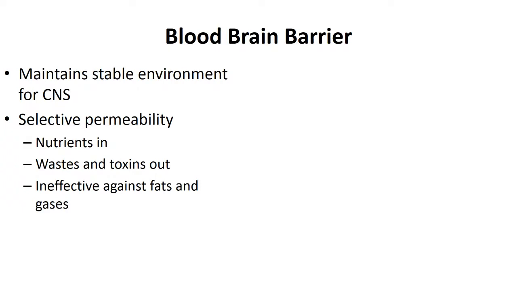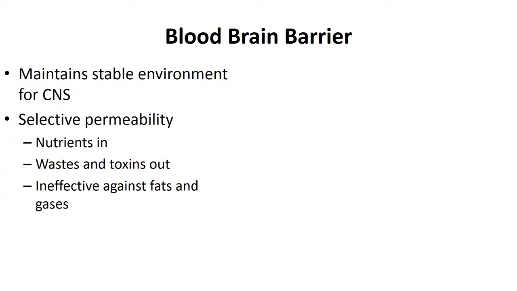Most notably, there are fewer plasma proteins within the blood-brain barrier. It has selective permeability to nutrients, waste and toxins, and it is ineffective against fats and gases. Those can travel easily through the blood-brain barrier.